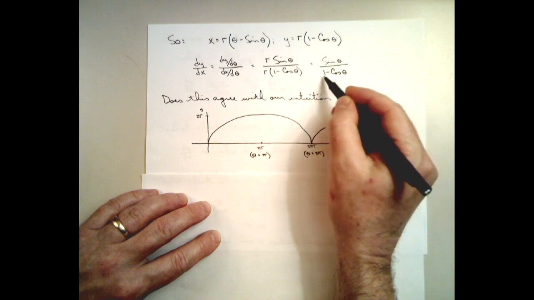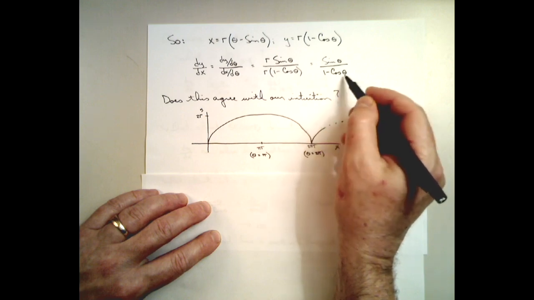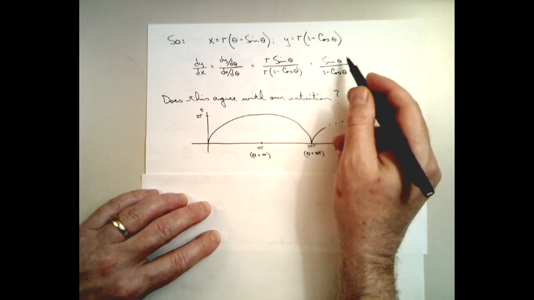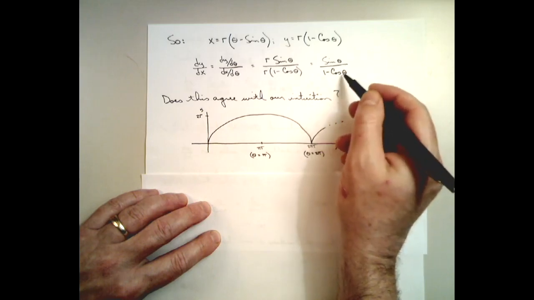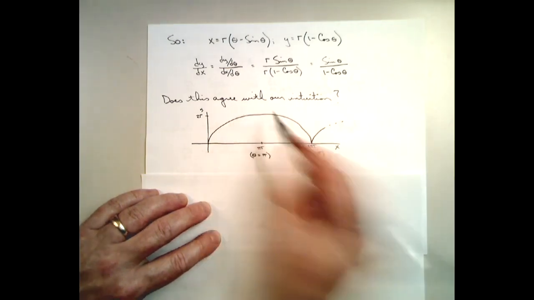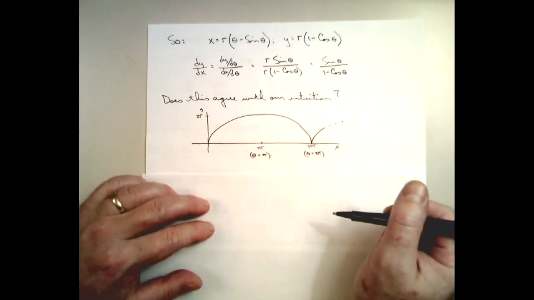So my denominator is 1 plus 1. Well, so whenever I evaluate the derivative at theta equals pi, I get 0 over 2, which is 0. It's exactly what I expected. Slope of 0 sitting there.